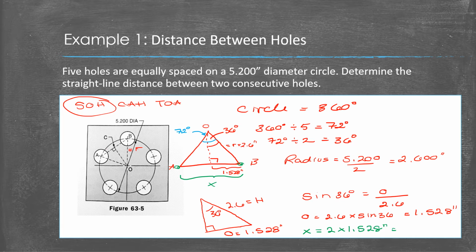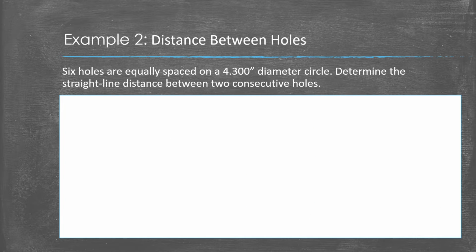So if you're off by one place value, just look at that. 3.056 inches is the distance between holes. So a little bit of a long calculation. It's not really hard, but a lot of different pieces to take into consideration, which could make it feel challenging for you. We're going to do another example.